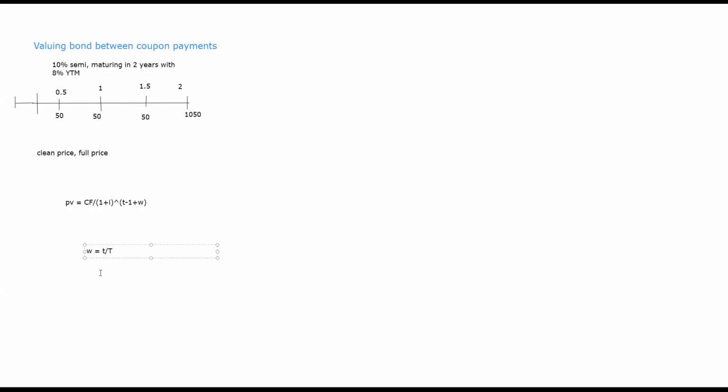Here, small t is basically the days between the settlement date and the next coupon payment, and large T is the days in a coupon period.